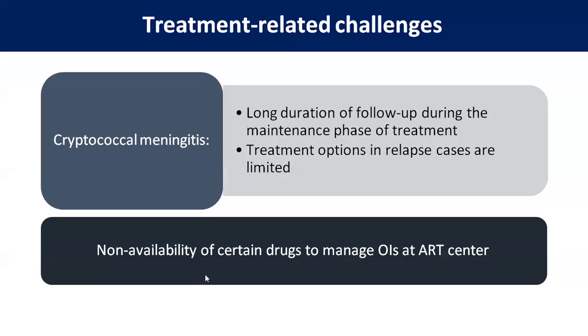Treatment related challenges: long duration, and follow up is a big challenge. Also drug reactions, and patient compliance to the drugs for a longer time. Non-availability of certain drugs to manage OIs at the ART center could also be one of the challenges, but that's for them to look out.